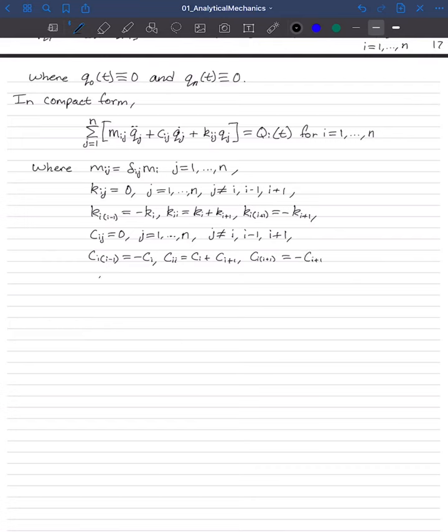And then this is all true for i equal to 1 all the way up to n.